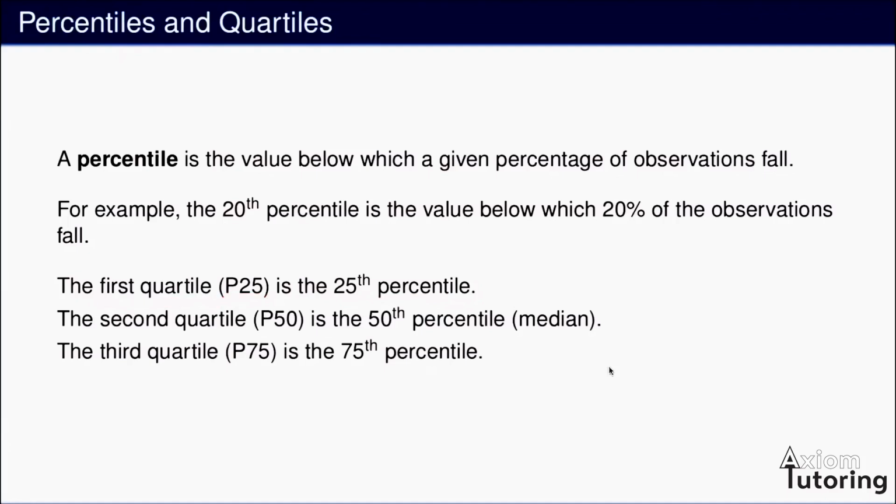The second quartile, P50, is really the median, as we've just discussed, because 50% of observations fall below that value. And the third quartile, P75, is the 75th percentile. That means that 75% of observations are below that value.